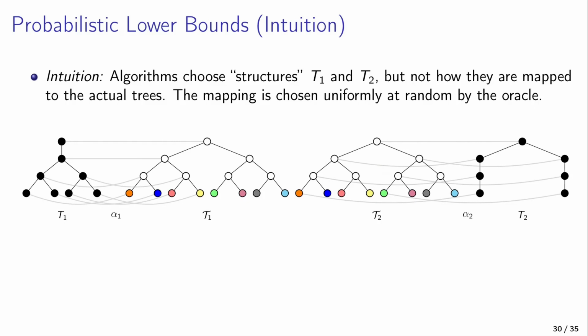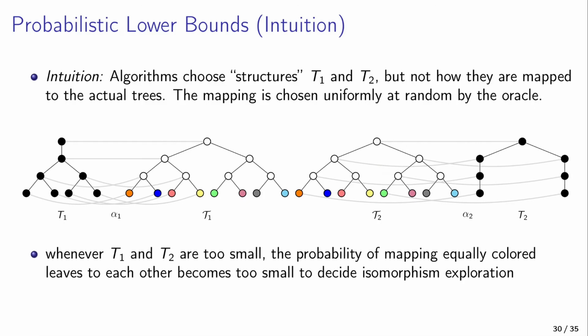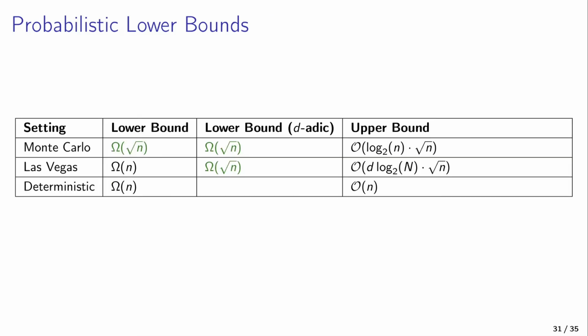What we then prove is that if these structures, or how much they probe in the trees, are too small, then the probability of them getting mapped by the oracle to equally colored leaves becomes too small to decide isomorphism. And so this is roughly how we arrive at these lower bounds.